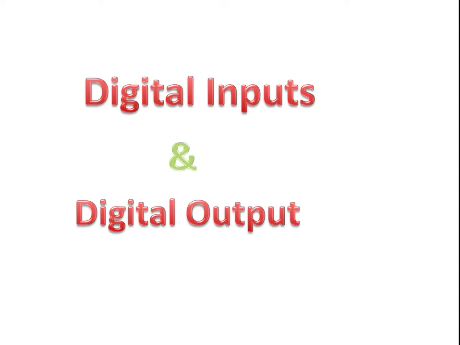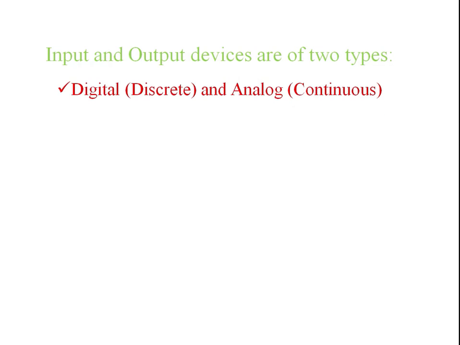Okay, so we are going to discuss what is digital input and digital output. There are two types, digital input and digital output. Here we have two types of inputs, digital and analog. It is also called discrete input or digital, and analog input or continuous input.